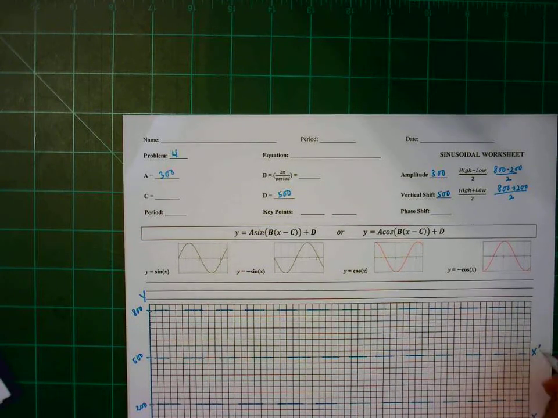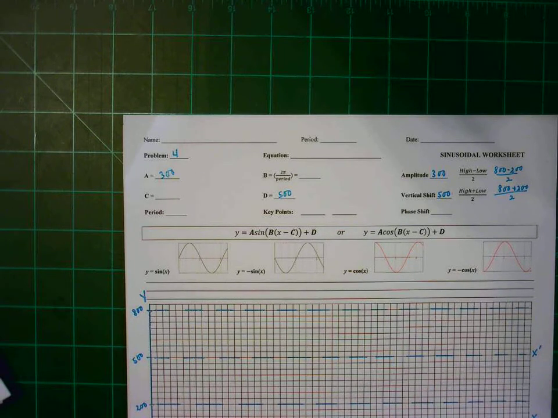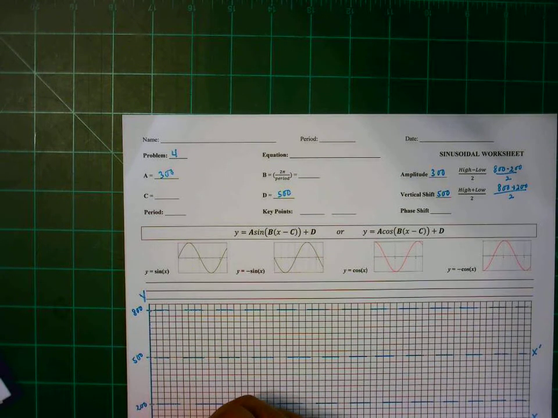X prime. Now let's look at the time. We started time at 0, so this is 0. And at 2.9, let's call this 1, 2, 3, 4, 5, 2.9. And then at 5.1, we have a maximum. So 2.9 to 5.1 is going to be 2.2.